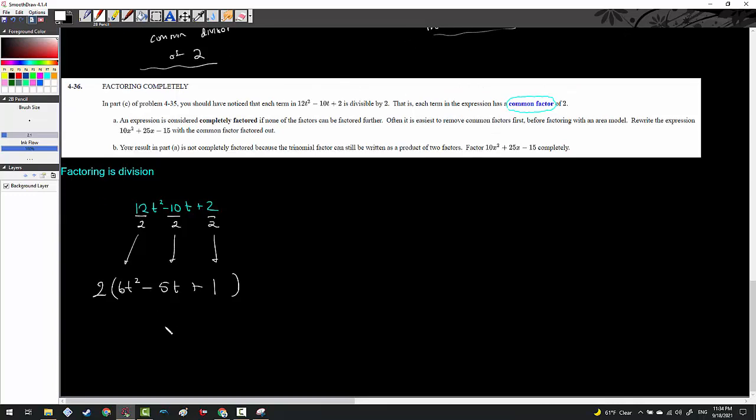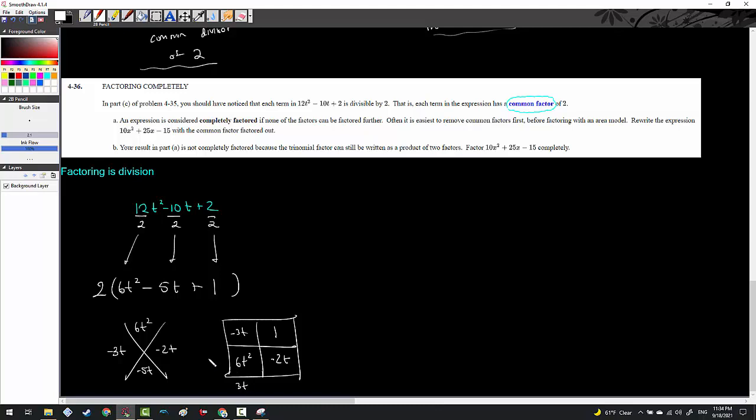And now I'm going to go ahead and area model this guy out right here. So what I have is 6t squared and negative 5t, which looks like negative 3t and negative 2t. So in my area model, I'm going to have 6t squared with 1, negative 3t and negative 2t.